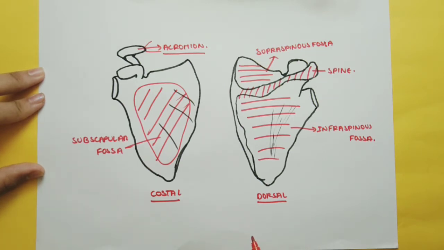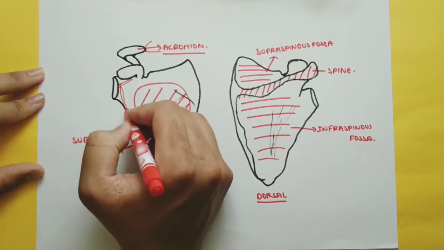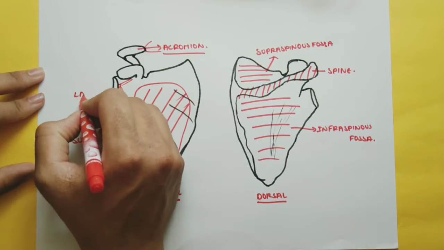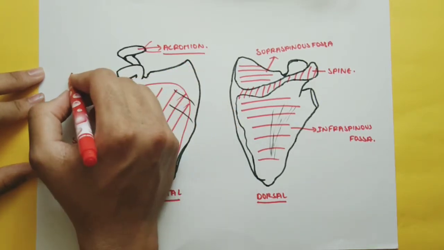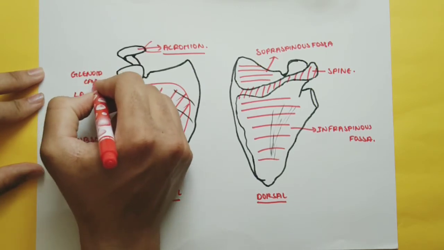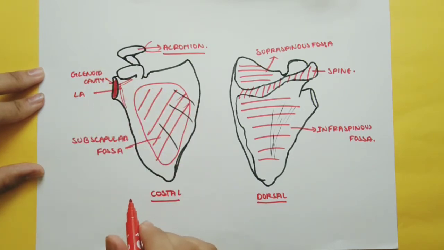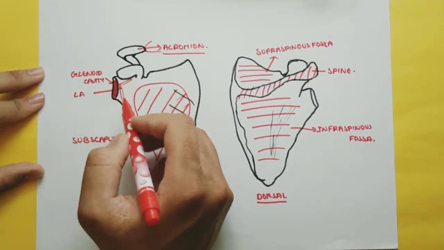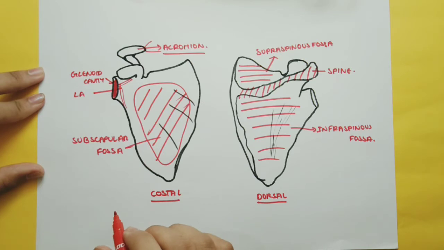There is a shallow glenoid cavity formed by the lateral angle. This region is called the lateral angle, and this area is called the glenoid cavity. It attaches with the humerus, which forms the glenohumeral joint.